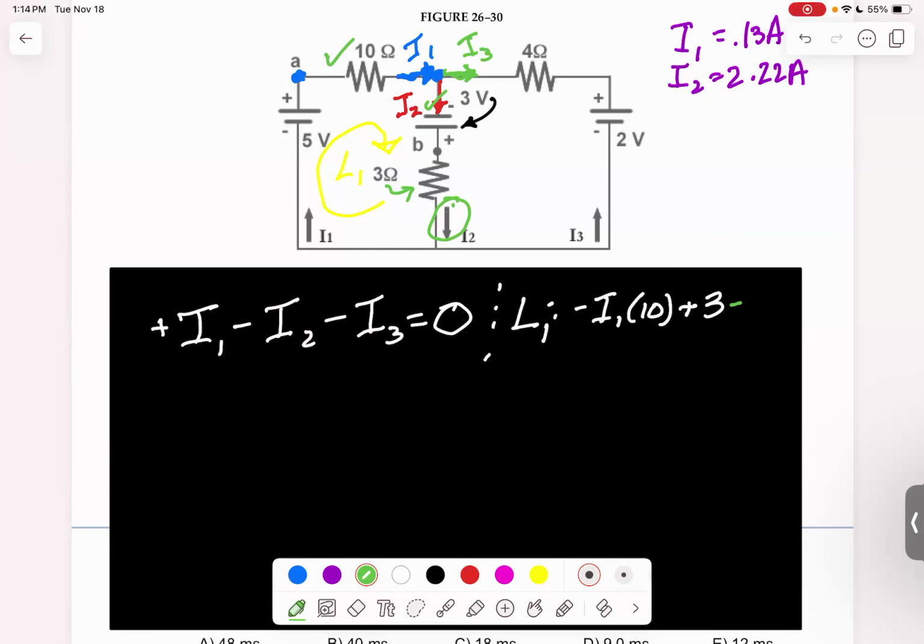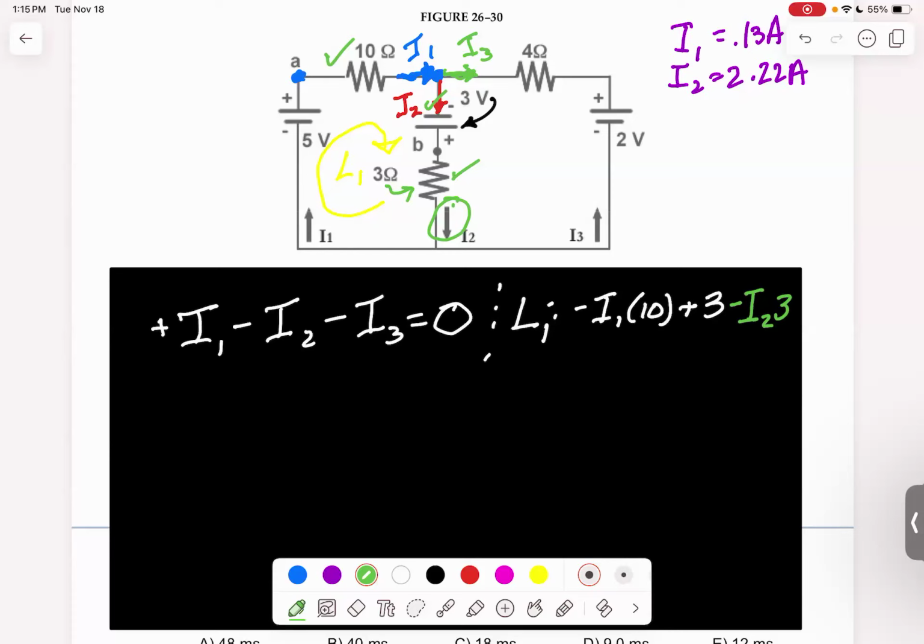So here we go again. So it's going to be I2 times the resistance. The resistance is 3 ohms. Okay, so we've gone through that part of the loop.